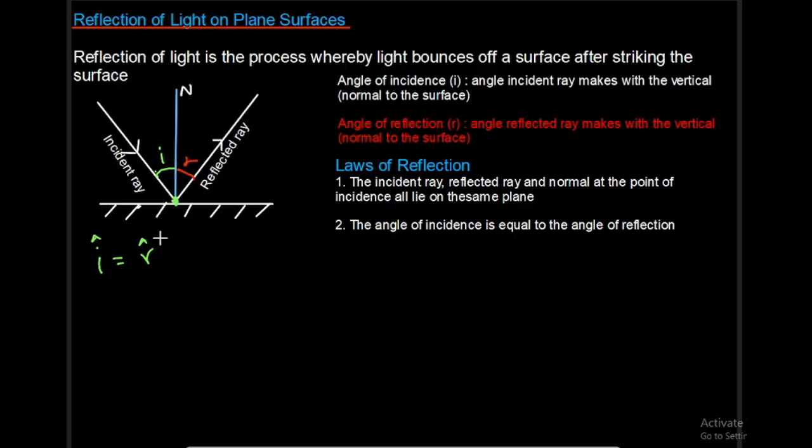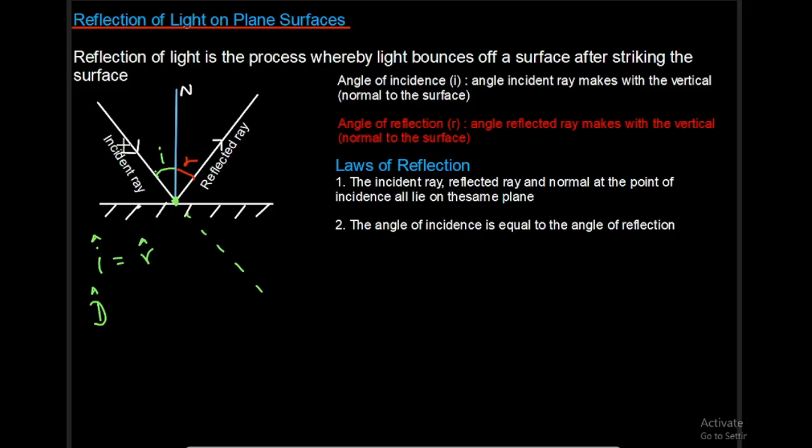Now, aside from this, we also have what we call our angle of deviation. You observe that the incident ray moves along this path until it is reflected. If not for the fact that it was reflected, it would have continued along the same path. This is the path of the incident ray.